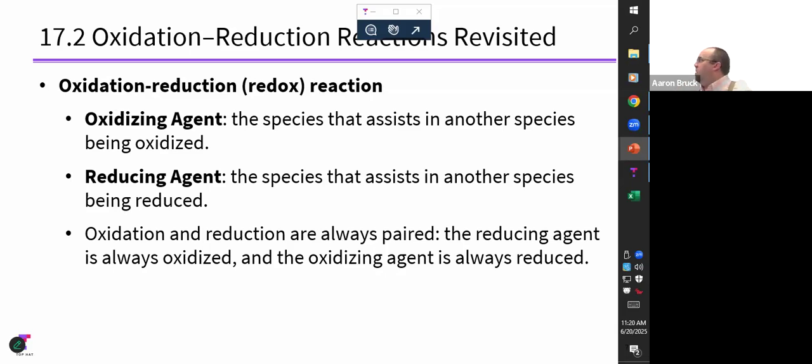What we also talked about in Chem 105 was the idea of oxidizing and reducing agents. That is, substances that are particularly good at either stripping electrons away from something else, in the case of an oxidizing agent, or, in other words, giving away those electrons in the reducing agent.